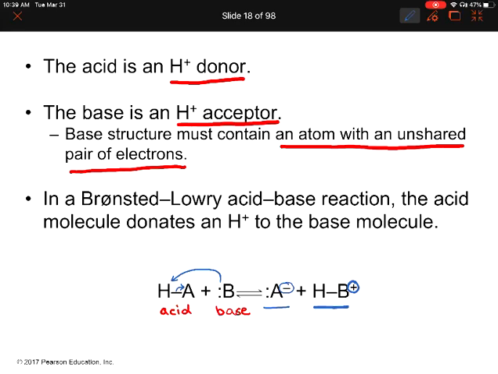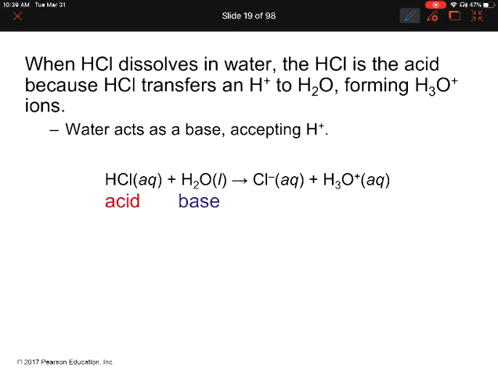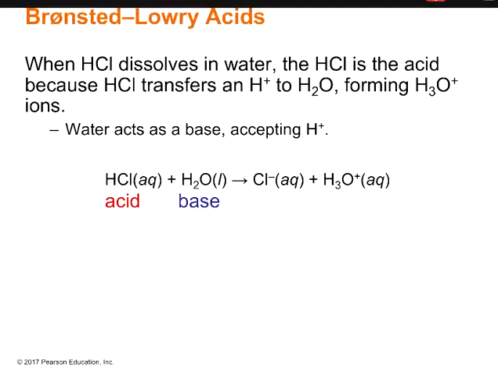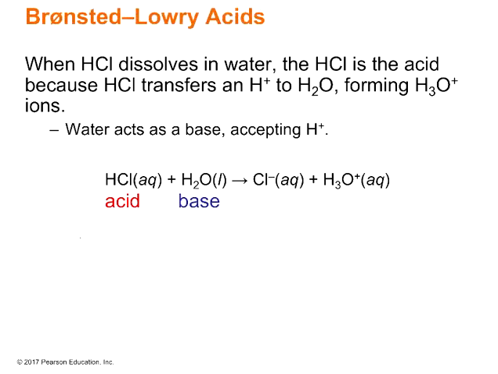So let's look at an actual example between an acid and a base. So in the last video, we saw that hydrochloric acid can dissolve in water. And when that occurs, hydrochloric acid will transfer its hydrogen to water, and as a result, we'll end up with a hydronium ion.